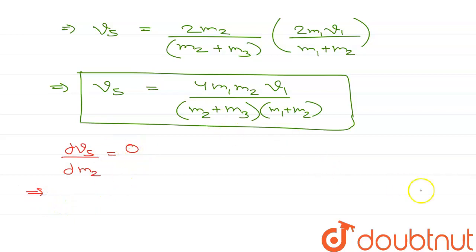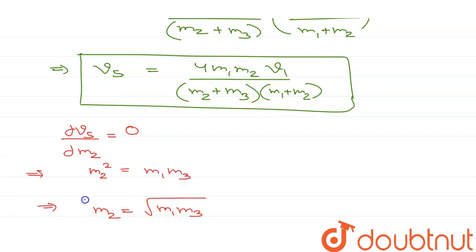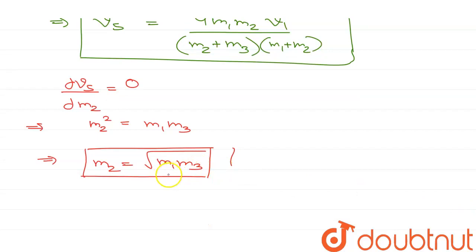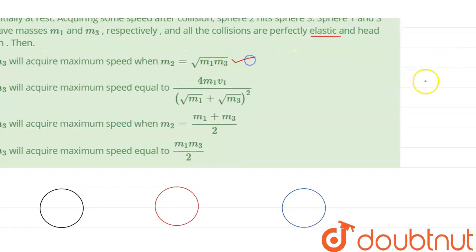So when we take a first order derivative of this and set it to 0, we get m2 square is equal to m1 m3, which means m2 is equal to root over m1 m3. So the sphere 3 achieves its maximum velocity when the mass m2 of the sphere 2 is root m1 m3. That is option number A.